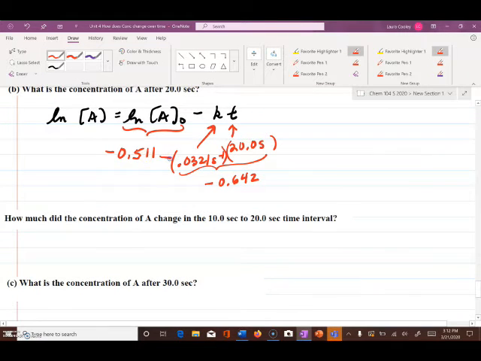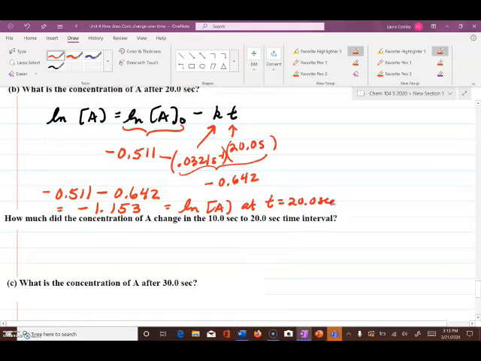And this is minus KT, so we have minus 0.511 minus 0.642. If you add that up, you get negative 1.153. Okay, so that is the log of A at t equals 20 seconds.